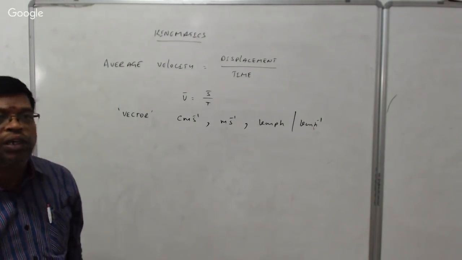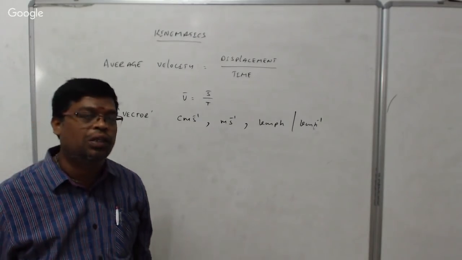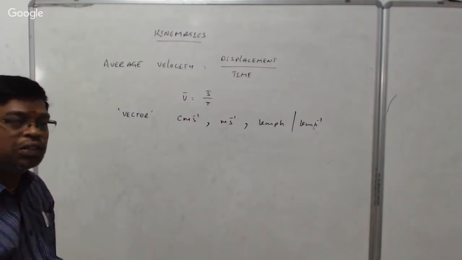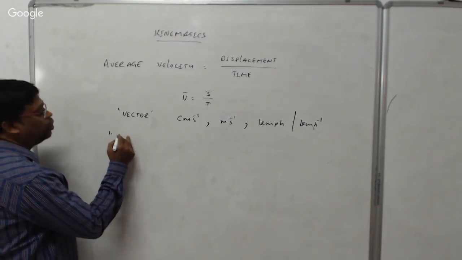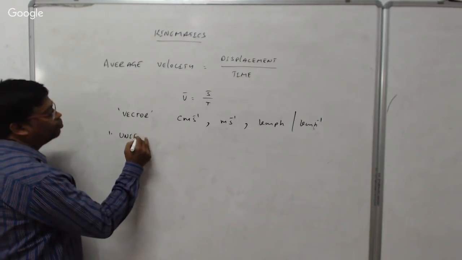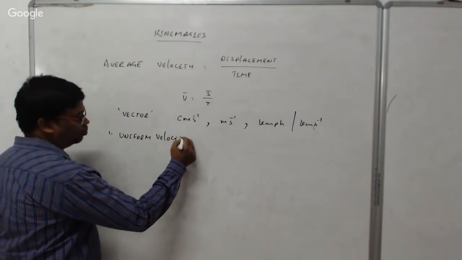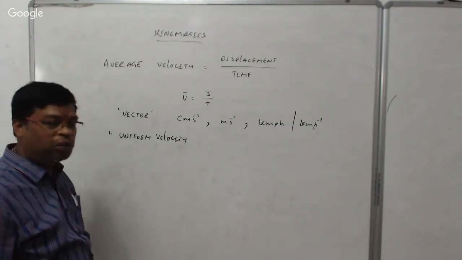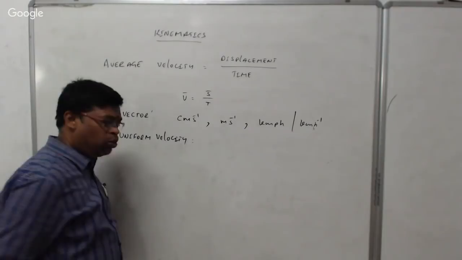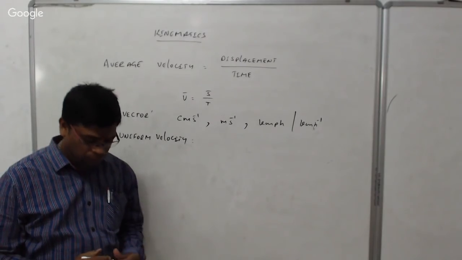Same as speed, let us learn about the different types of velocities. There are three types of velocities. One is uniform velocity. What do you mean by uniform velocity?